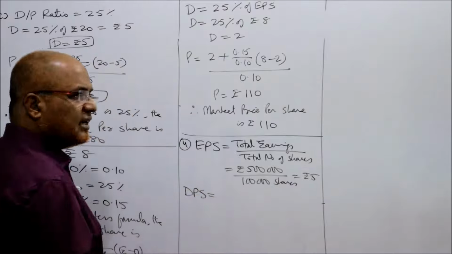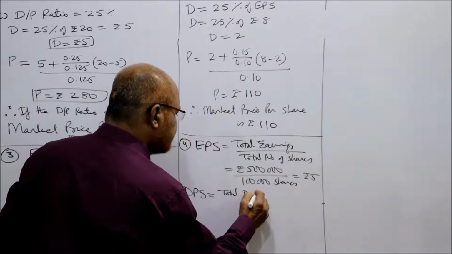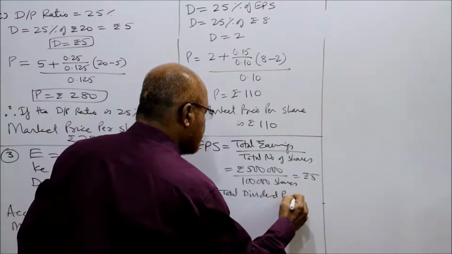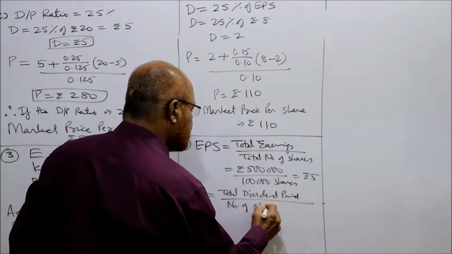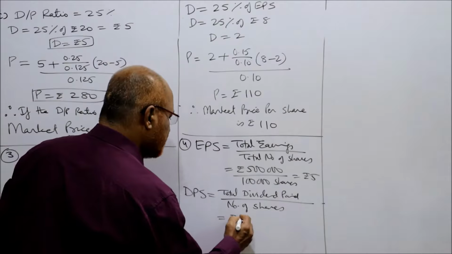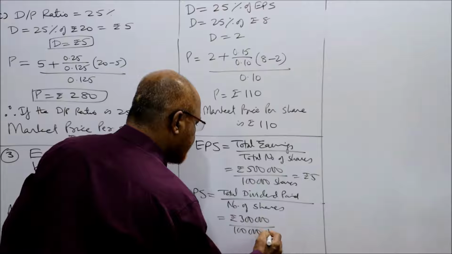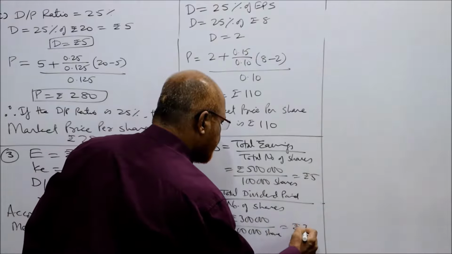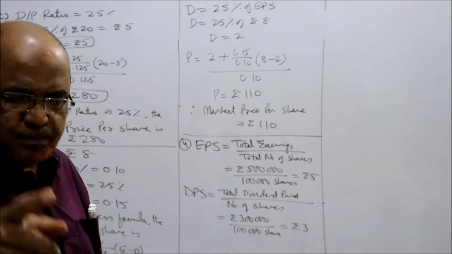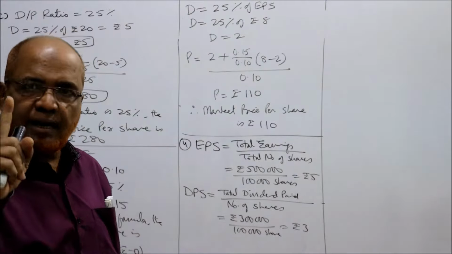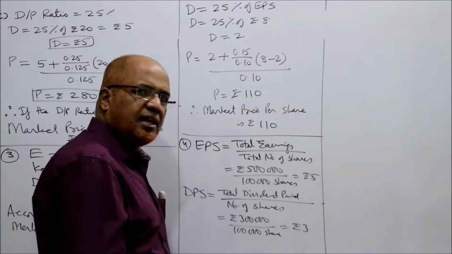DPS, dividend per share, is equal to total dividend paid divided by number of shares. Dividend paid is 3 lakh. Number of shares are 1 lakh. Is equal to rupees 3. So 5 rupees per share is the EPS. Earning on one share is 5 rupees and dividend paid on one share is 3 rupees.